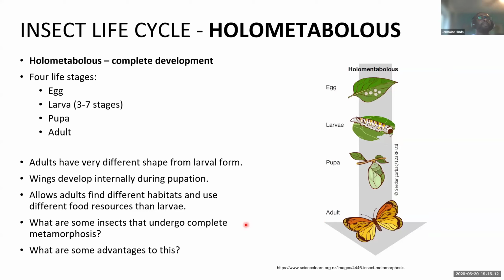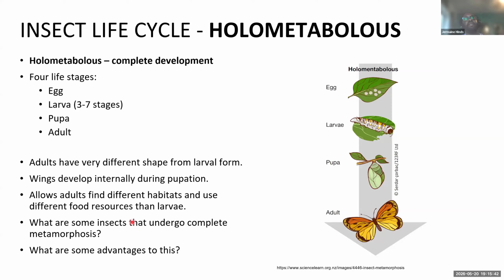Other insects that undergo complete metamorphosis include your butterflies, your bees, your beetles, flies. Holometabolous insects typically have a grub or caterpillar looking larval form. Ants are also holometabolous.